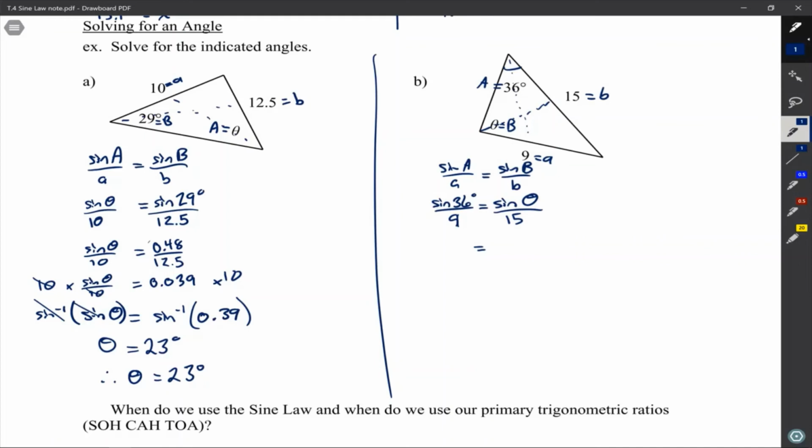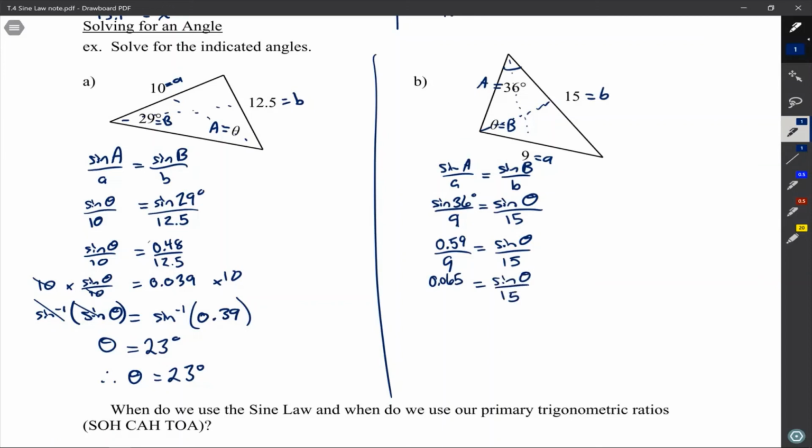That's 0.59, still divided by 9, equals sine theta over 15. Again, we can throw it right into our calculator once more. So 0.59 divided by 9 equals 0.065. And that equals sine theta divided by 15.